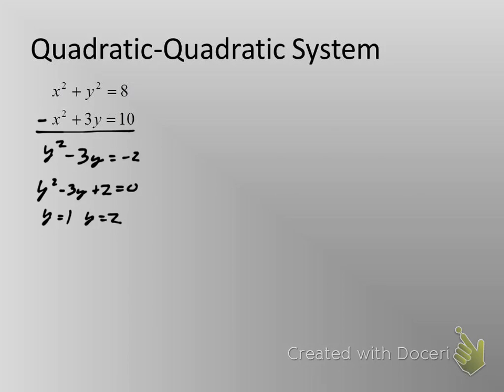So you have y's of 1 and 2. Take them into one of your equations, plug them in. So let's go x squared plus 1 squared equals 8, which means x squared equals 7, which means x equals plus or minus the square root of 7.